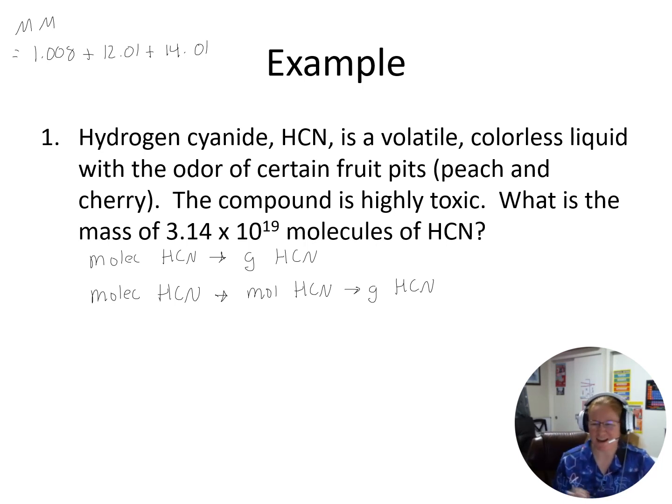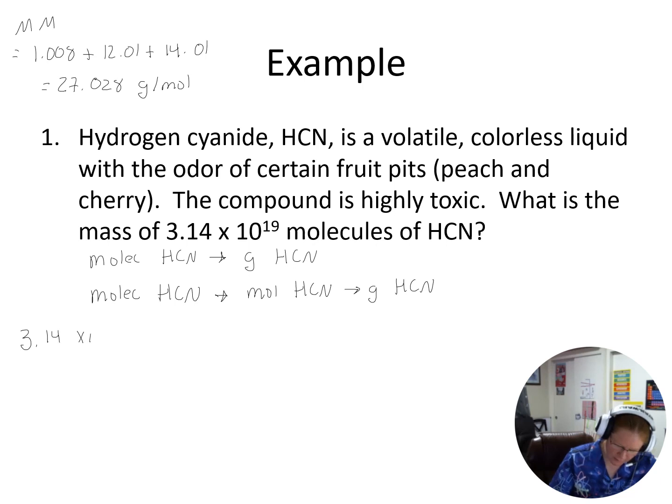So you might find that as you work with something and you do something a whole bunch of times, you start memorizing something without even thinking about it. So I have a lot of the masses memorized just because I use them all the time. But I have a lot of them I have to look up still too because I don't use them as much. All right, so we end up with 27.028 grams per mole.